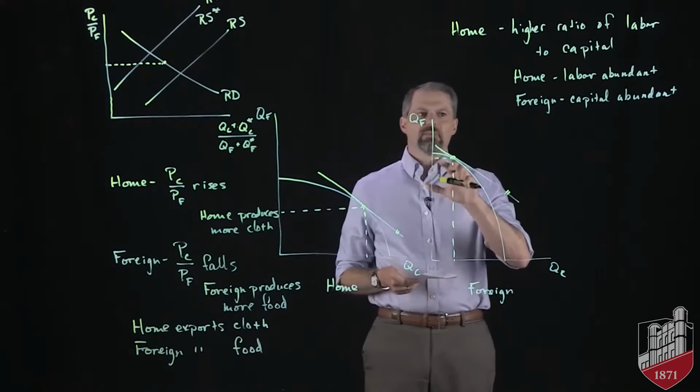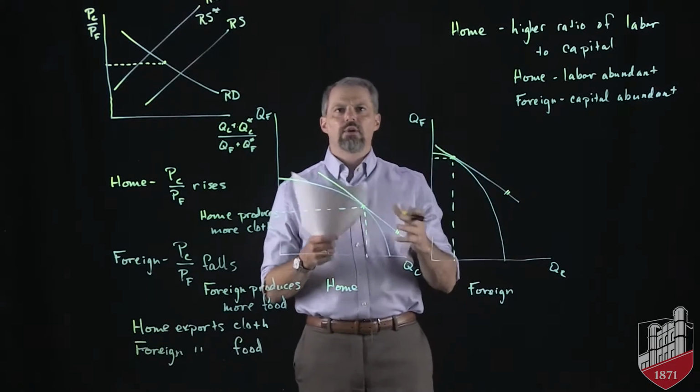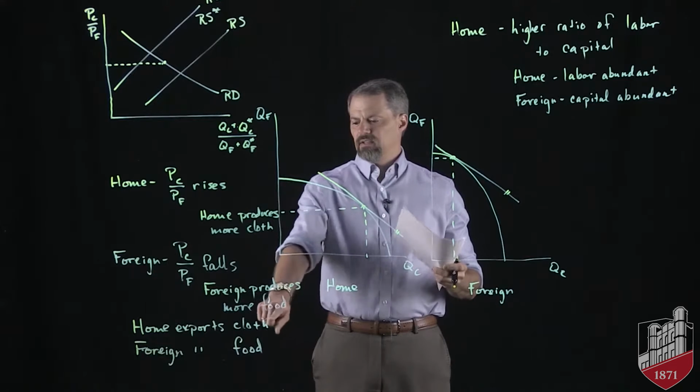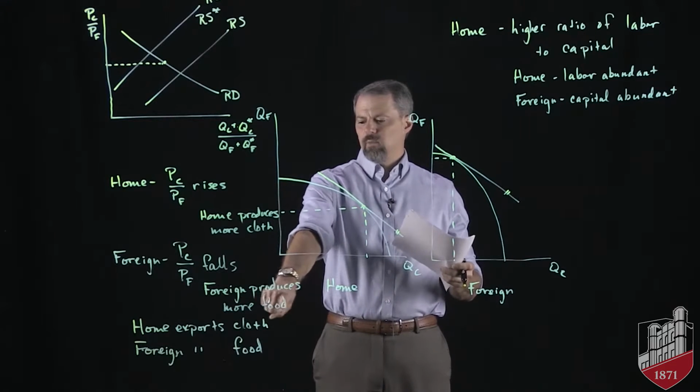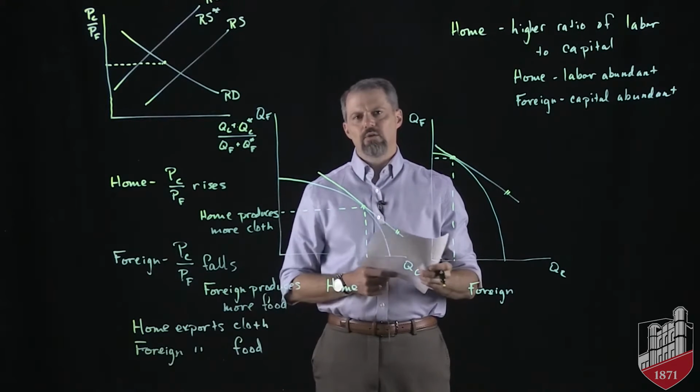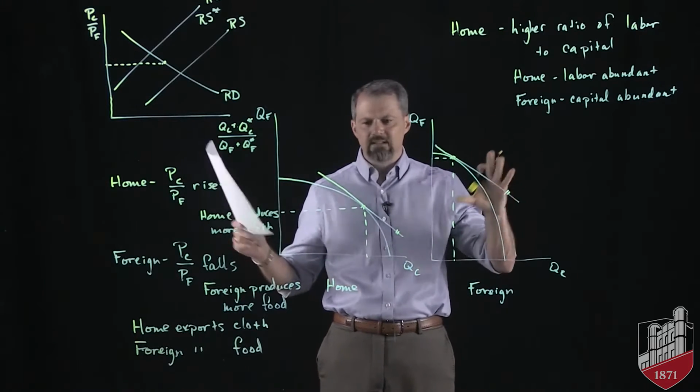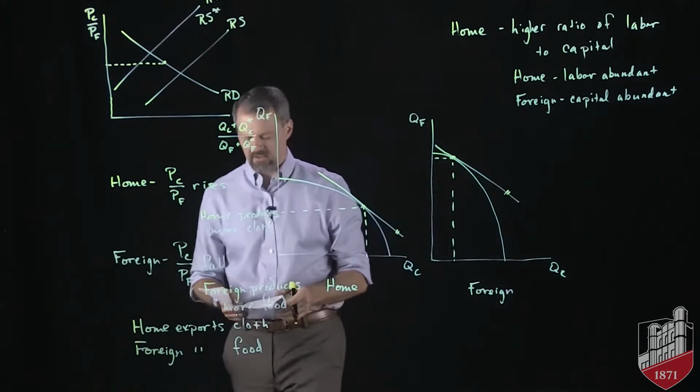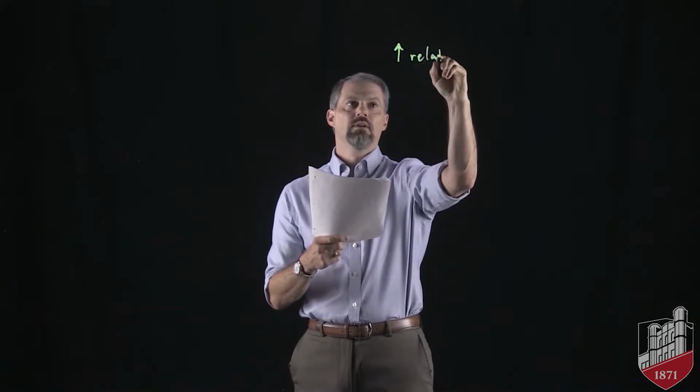We need to think a little bit now about how trade is going to affect the workers and capital owners in each of our countries. Let's think about how trade is going to affect the distribution of income in our two countries. So let's think about an increase in the relative price of cloth. That happens at home.